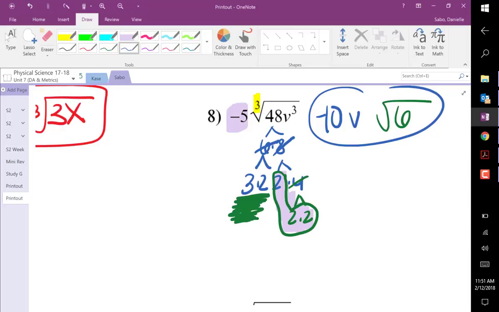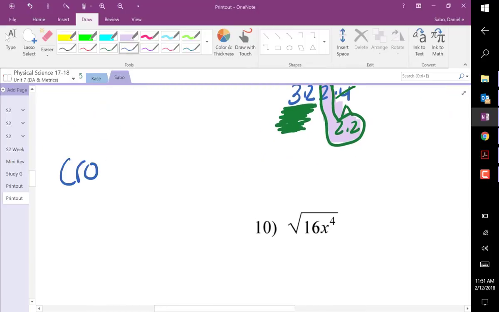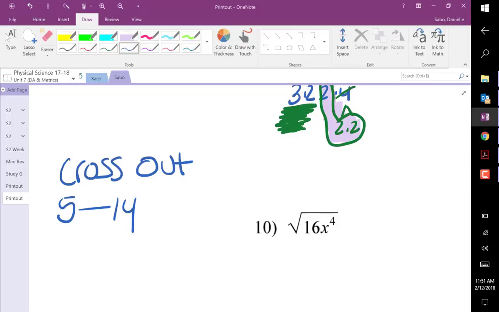Cross out 5 through 14 and you have the rest. Because the back page is actually really nice. So you still have 10 problems. I already did 5, so it's crossed out.